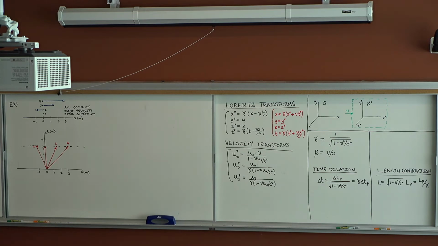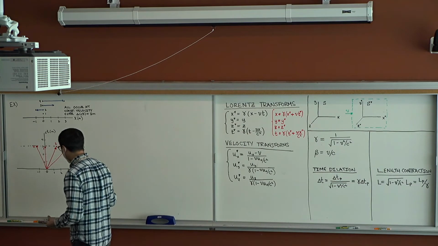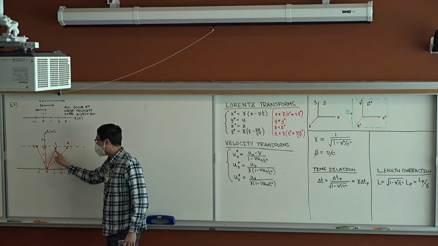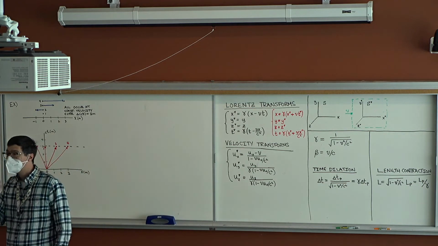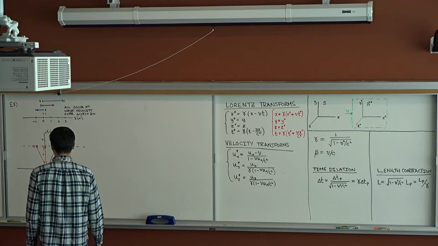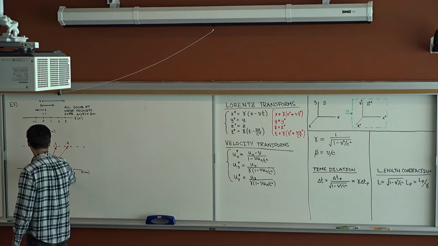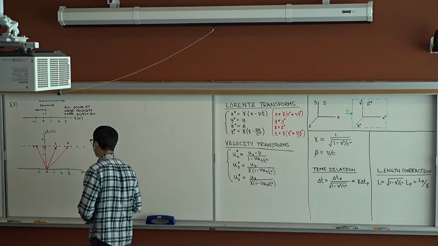Okay, so what I want to do now, so we often describe these lines as world lines. How do you get particle 3 there? Particle 3 I look is like 1.5. Oh, okay, got it.